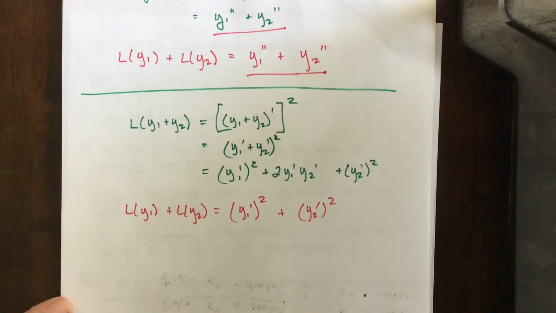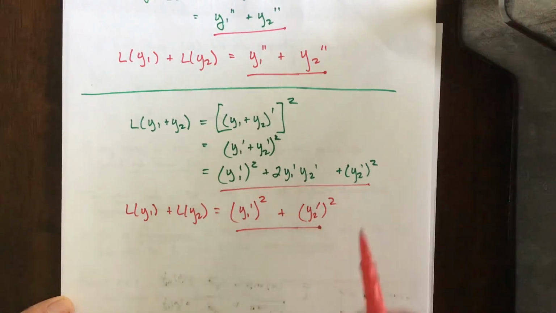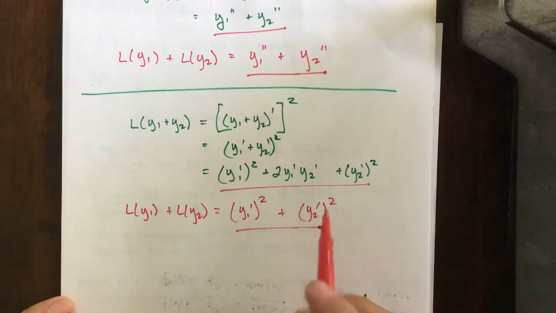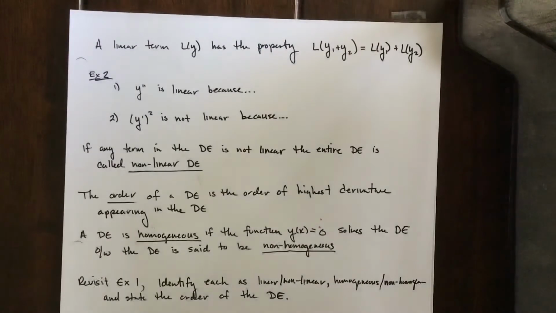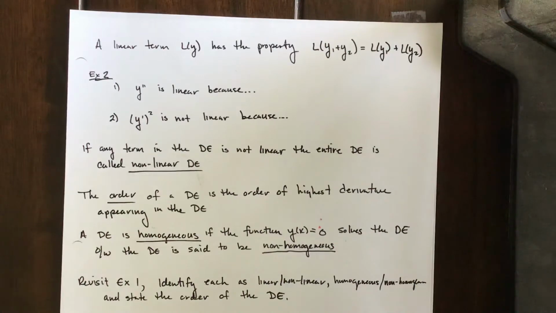The question is, is what's in red here the same as what's in green there? The answer is no, because we're lacking the 2 y1 prime y2 prime. Therefore, y1 prime squared is not a linear term. And any term in the differential equation not being linear makes the whole differential equation nonlinear.